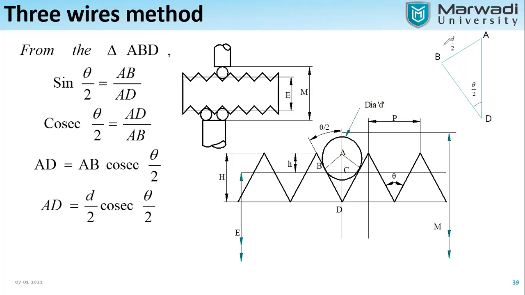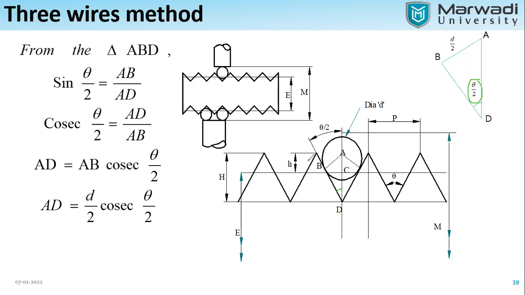First we consider this triangle ABD. Here you can see the triangle ABD. The ultimate aim is, if we have the answers for AD and CD, we just subtract CD from AD and we will get the answer for AC. Here you can see this half angle is theta by 2.